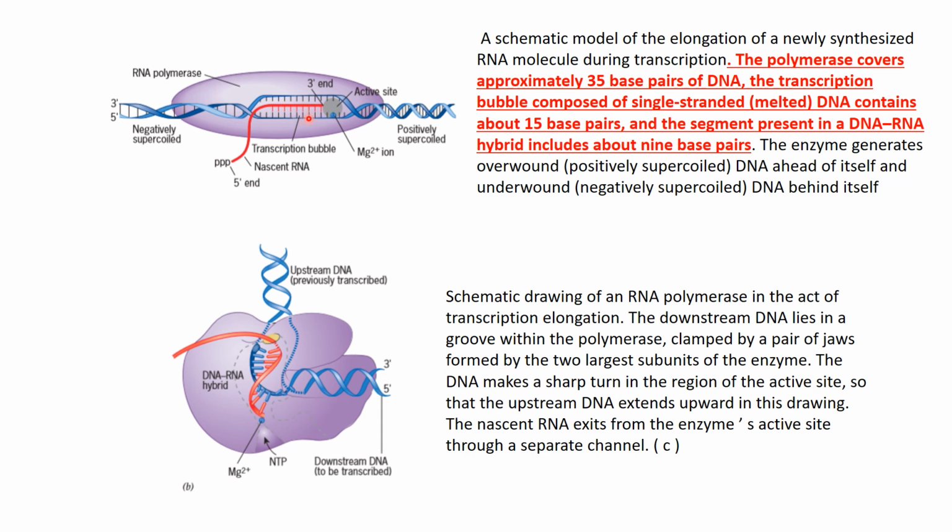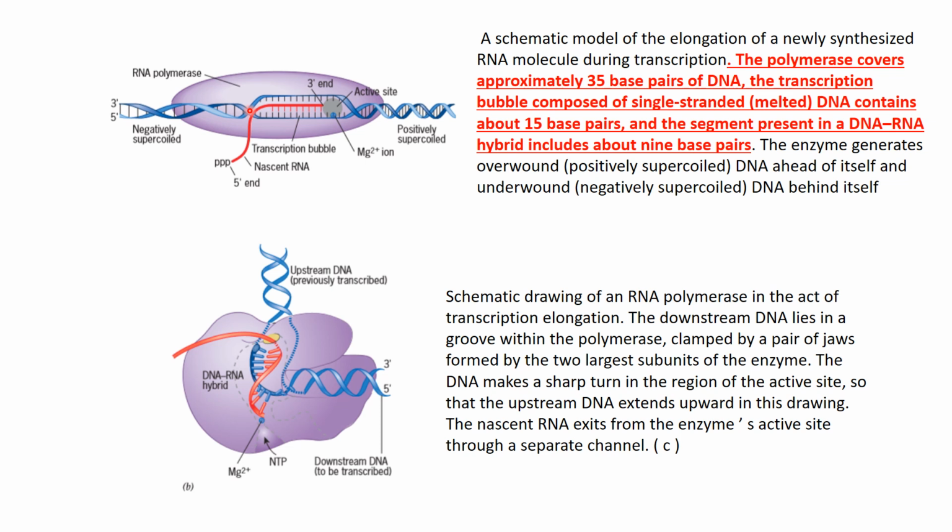This is the polymerase and this is the transcription bubble. Now, as I told you yesterday, supercoiling takes place just ahead of the bubble and just posterior to the bubble. Always supercoiling takes place, as we have studied in DNA replication.